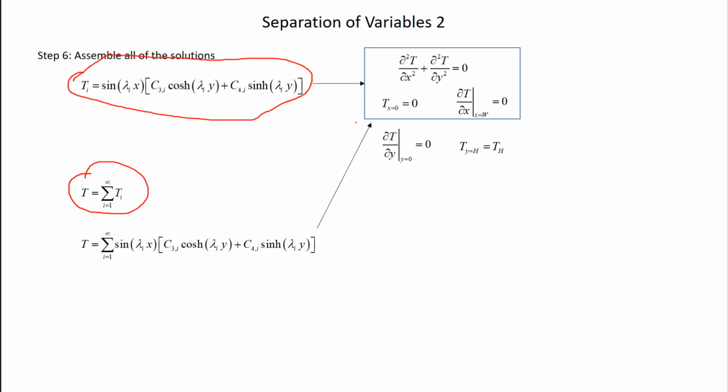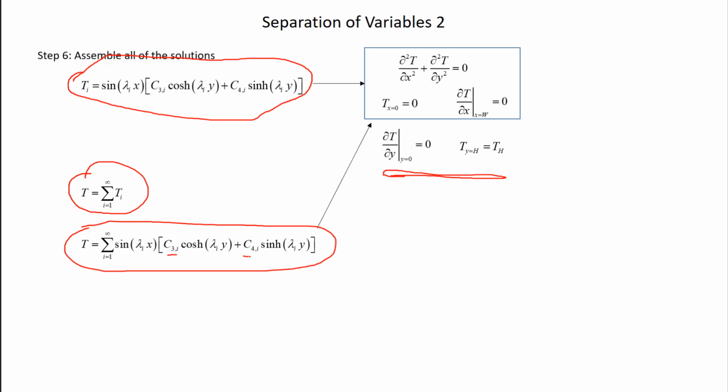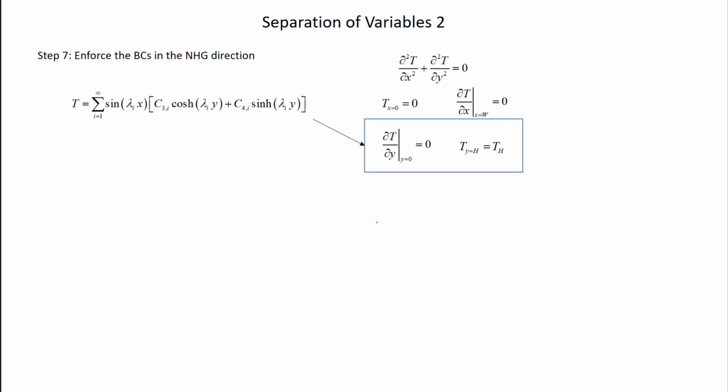If you don't believe it, you can prove it to yourself. But if every one of the terms of this sum does these three things, then the sum itself has to do these three things. And so this is our series solution. It still doesn't do these last two boundary conditions. So the last thing we have to do is choose these constants, C3 and C4, such that these last two things are enforced. So that's step 7.